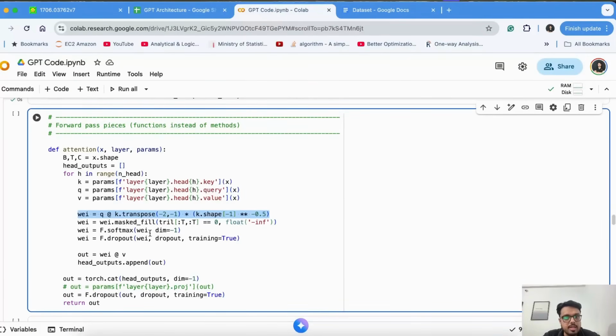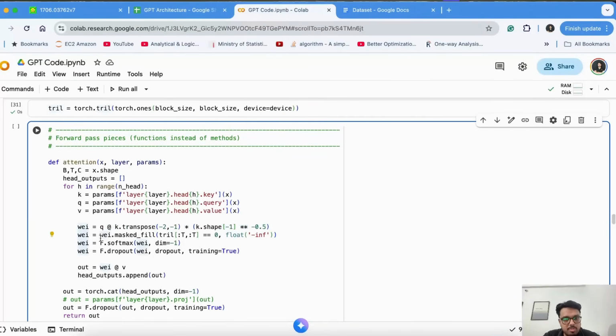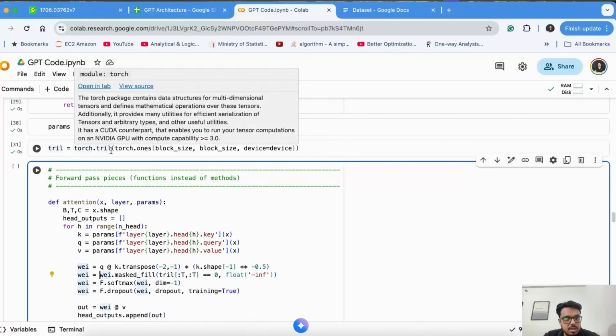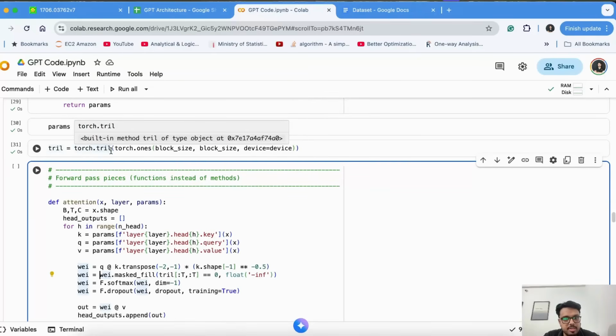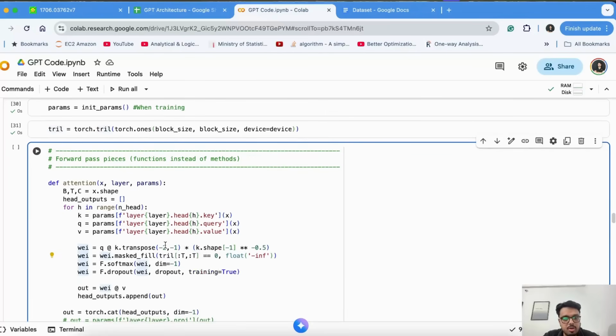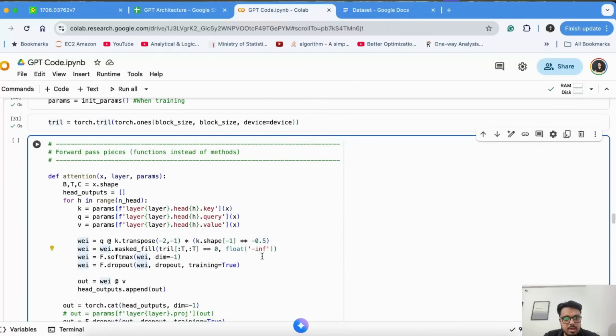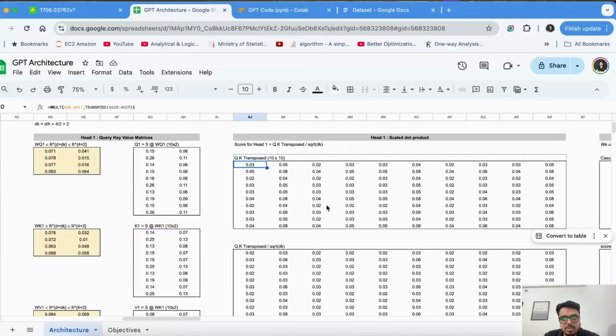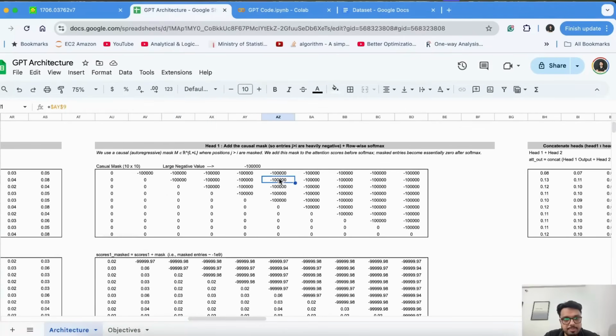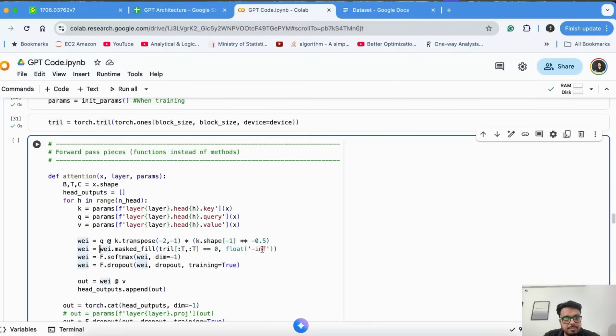Then the next step is causal masking. What we are effectively doing is that we have initialized a triangular matrix, right, with all the lower triangles as 1. All the others which are 0 are replaced by a large negative value, similar to what we did over here.